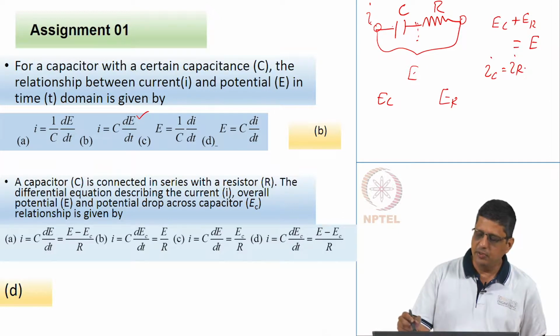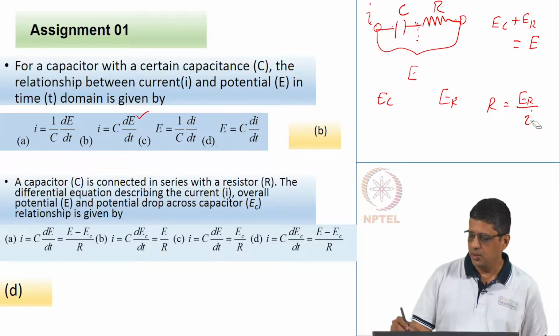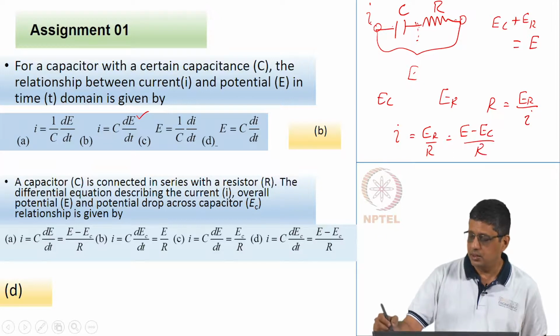The relationship between potential across a resistor and the current is R equal to ER by IR. Because IC equal to IR, we can just call that I. Therefore, I can write I equal to ER by R. I can also write that as E minus EC by R, because ER is E minus EC.